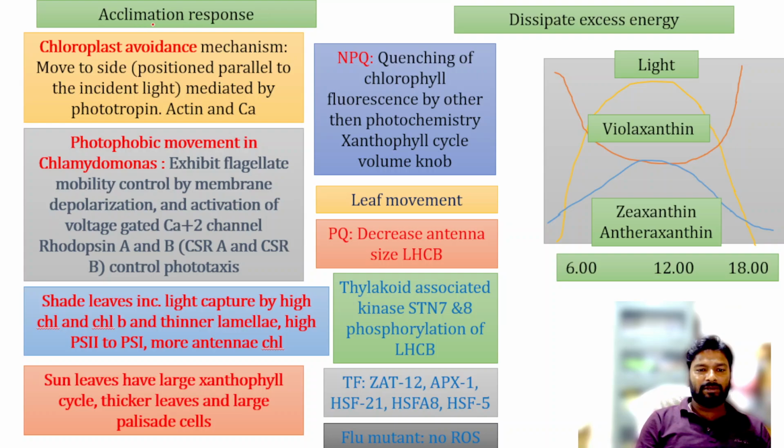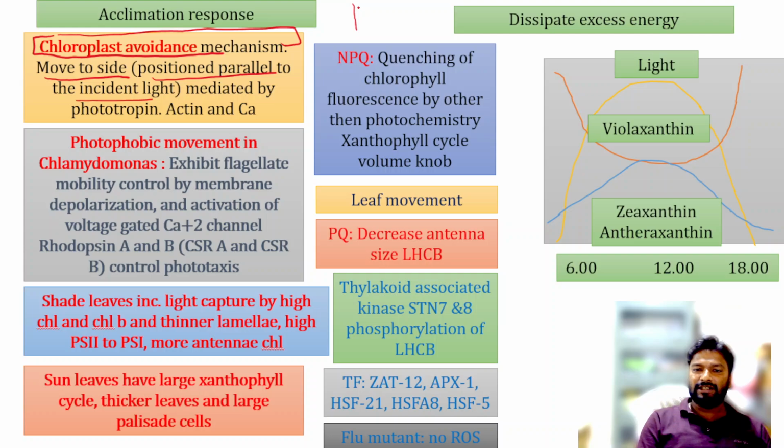Now also some acclimatization responses, already discussed, like chloroplast avoidance. So what happens in these conditions? In this condition chloroplasts move to the side position, parallel to the incident light.